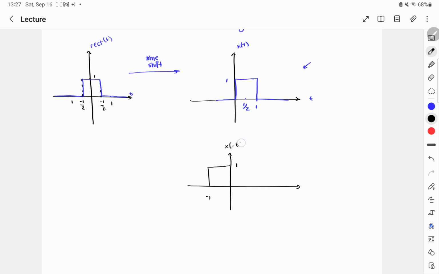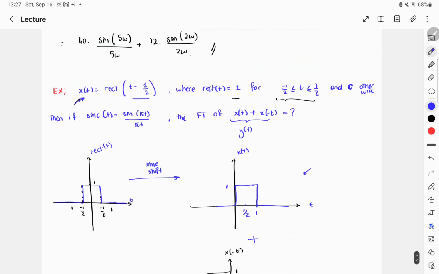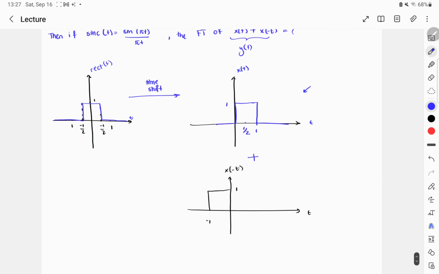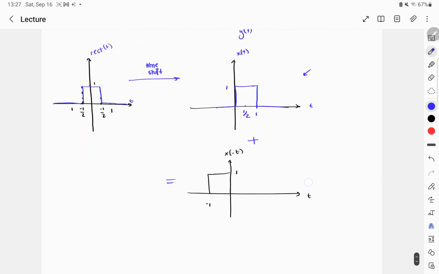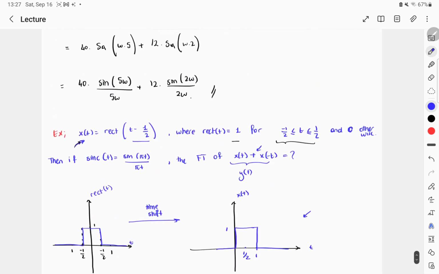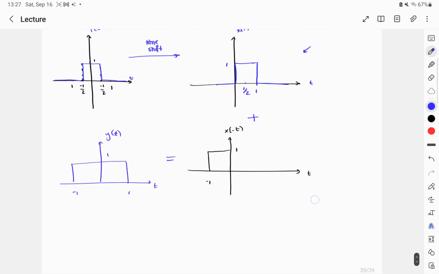When we add these two up, we have a rectangular function which is bigger than the first one. We have something like this, 1, -1, 1, and we have our function y. And that's it. And then here we are asked for the Fourier transform of this.